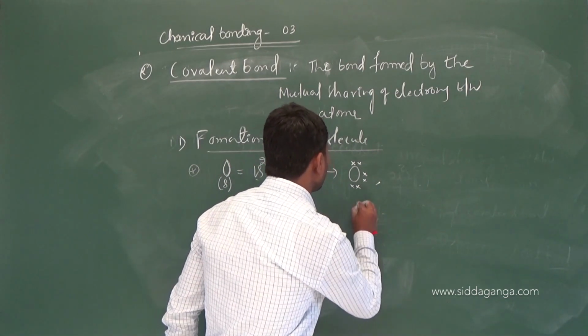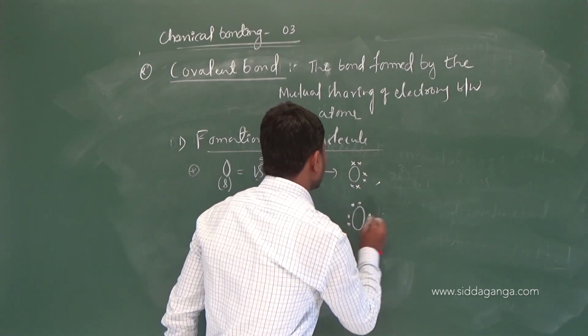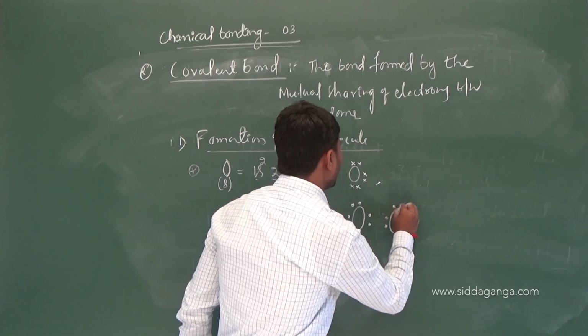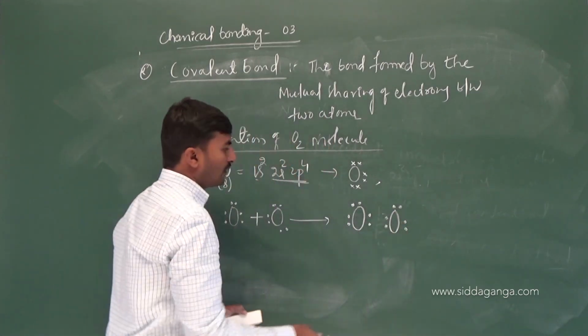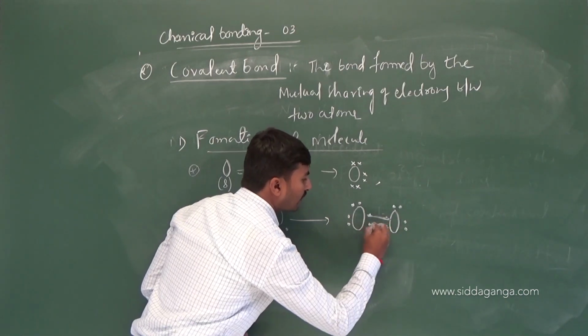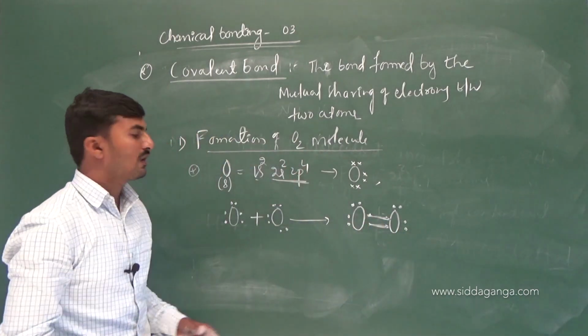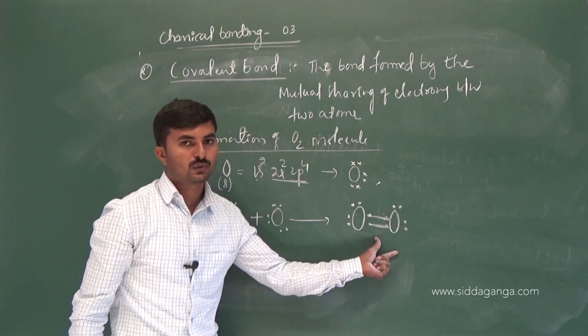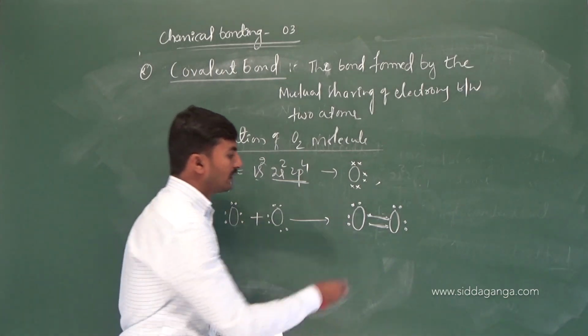Okay, 1, 2, 3, 4, 5, 6. In order to get the stable electronic configuration, there is a generation of 2 covalent bonds between the oxygen atoms. Now count the number of electrons.